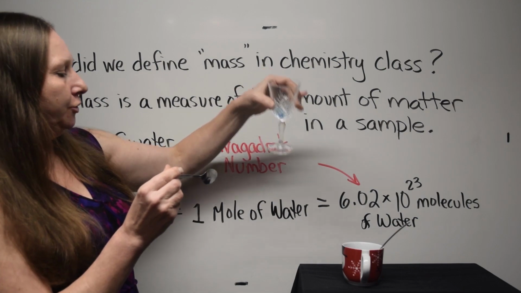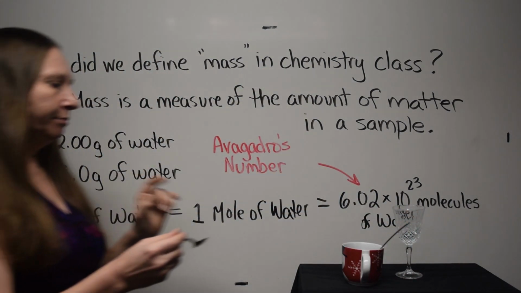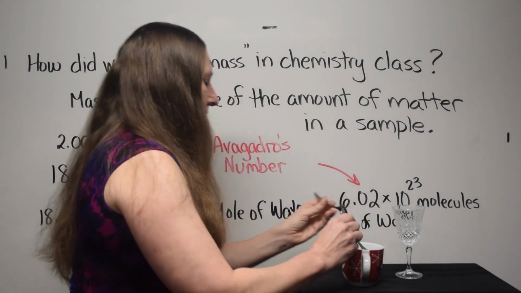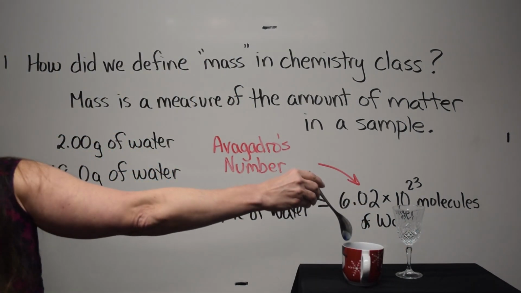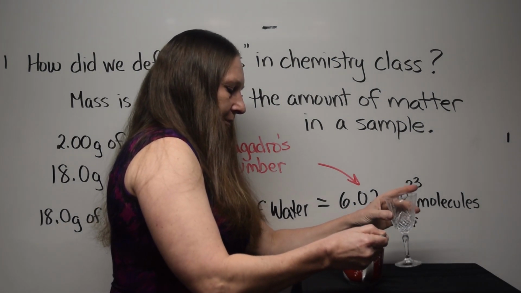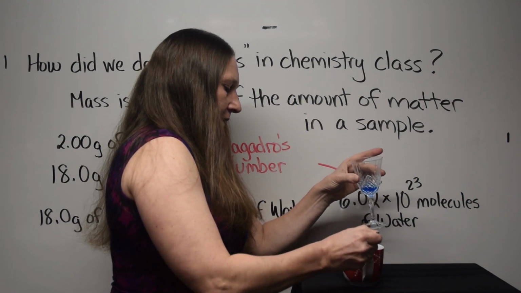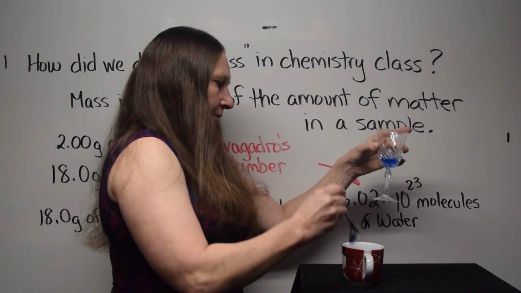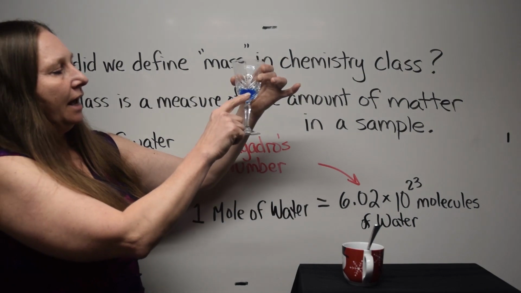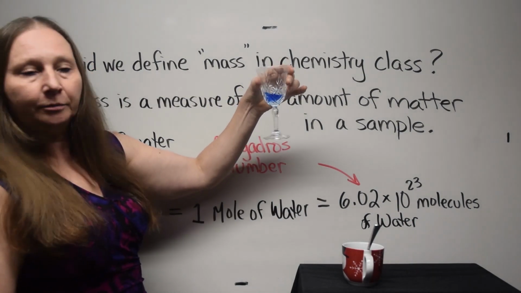Now, 18 grams of water would be a little more than a tablespoon of water. There's a tablespoon, and there's a little more than a tablespoon. So what we have here now is approximately 18 grams of water.